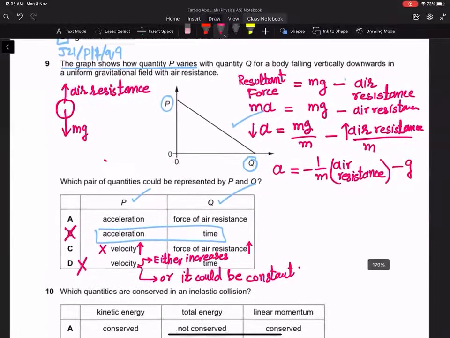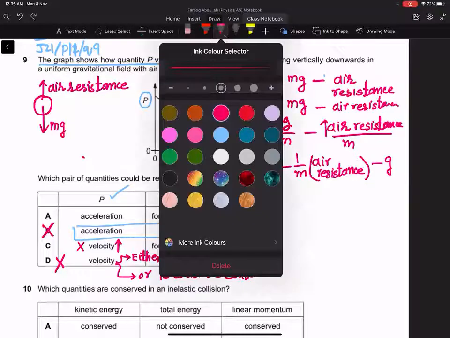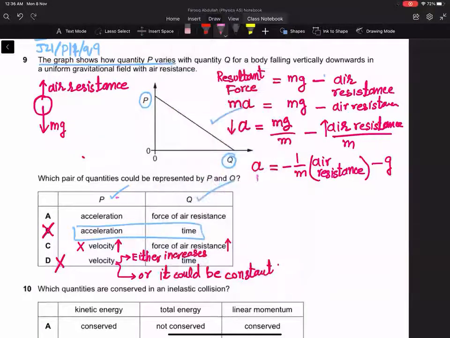Now you see, if we plot a graph of acceleration on the y-axis and air resistance on the x-axis, what would be the shape of the graph? If we compare the given relationship with the equation of a straight line, this is y, this is x, independent variable and dependent variable.